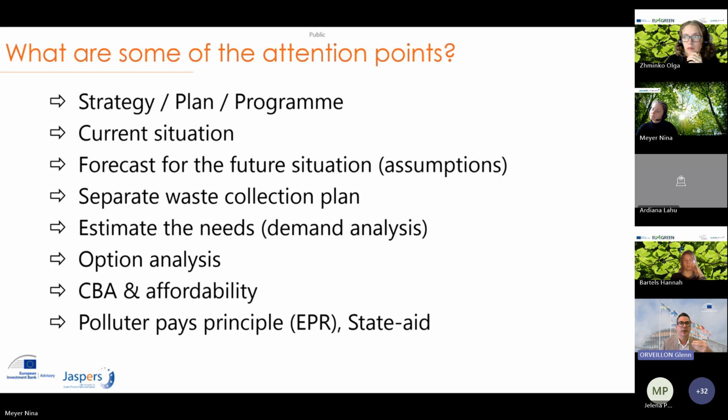So what matters is that when you plan this kind of facility, you have, first of all, and that links to what you were saying before, a good framework to work in, and that's strategy, plan, and program.